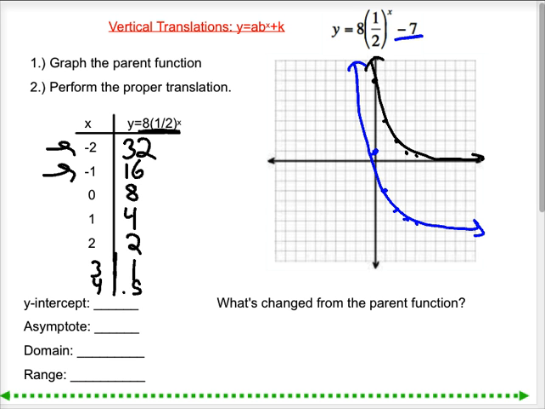All right. So look at that beauty. So we have our function graphed now.